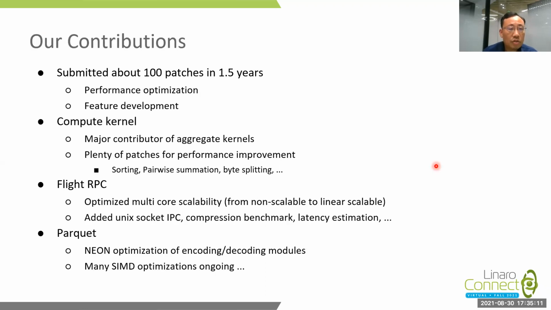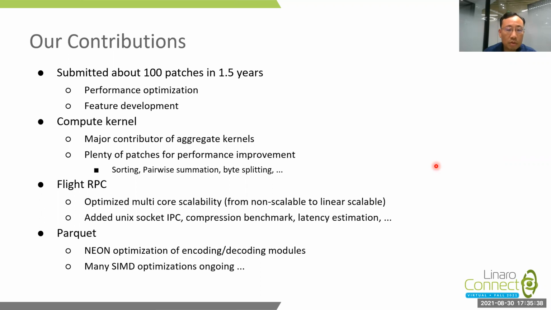Last time we introduced our contributions to Apache Arrow. We submitted about 100 patches in 1.5 years, and most patches are for performance optimizations on ARM. Some optimizations are also for general architecture feature improvements. We also did much feature development for compute kernels.